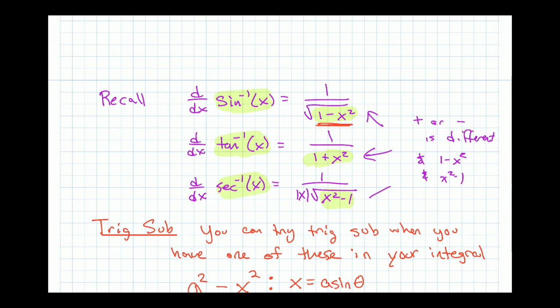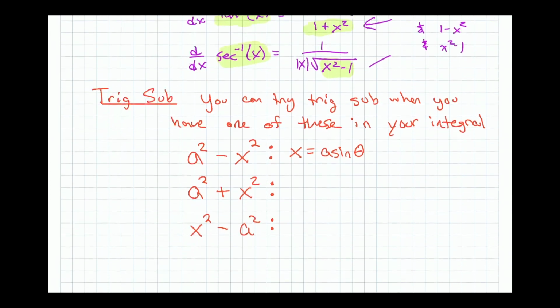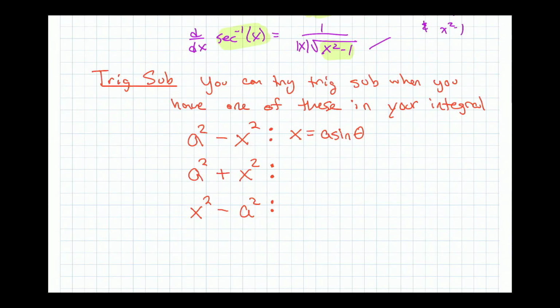The only one that had a constant minus the x squared was the sine inverse, not the tangent or secant. And so that's how you can keep it apart here. It's the same pattern. Now this is going to be a substitution that we use. So there's going to be an x and there's also going to be a dx. You get the dx in the usual way, you're going to take a derivative. So the derivative of a sine theta is a cosine theta d theta.